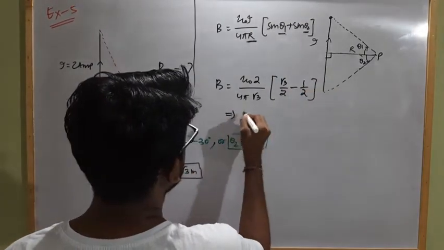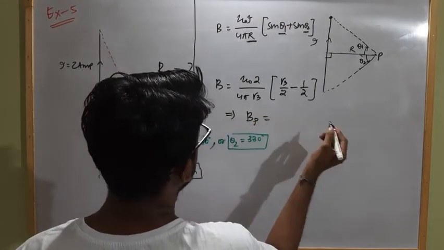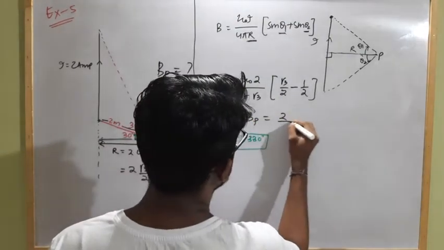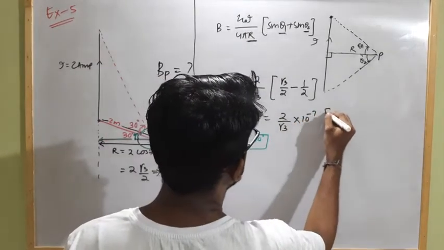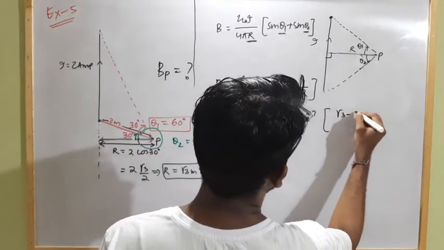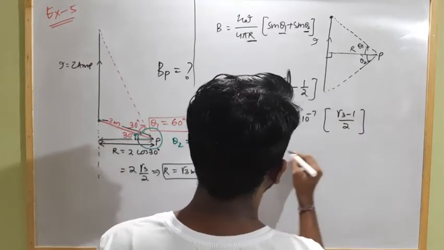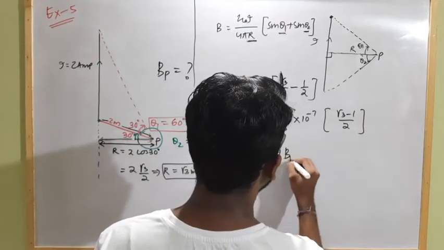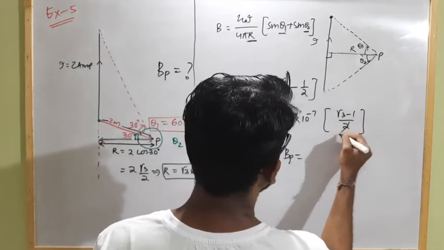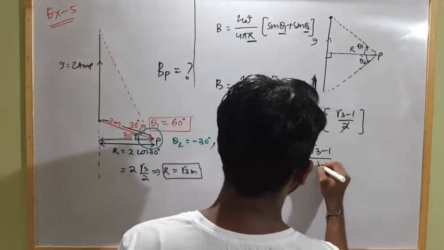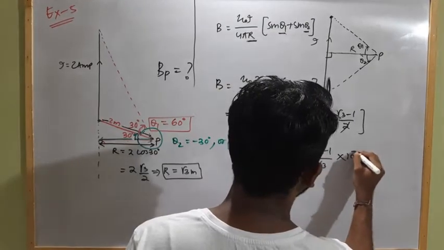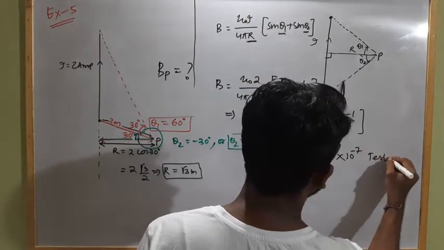So this implies B at P will become 2 by root 3 times mu naught by 4 pi, which is 10 to the minus 7, into root 3 minus 1 by 2. This implies B at P will be, this 2 gets cancelled, root 3 minus 1 by root 3 into 10 to the minus 7 Tesla.